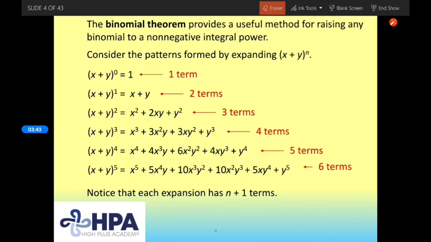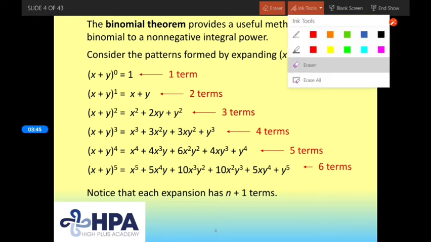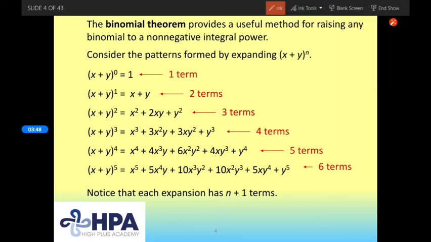You notice that x plus y raised to 0 equals 1 has just one term because it is raised to 0. The one raised to 1 has 2 terms, that means n plus 1. The one raised to 2 has 3 terms. The one raised to 3 has 4 terms. The one raised to 4 has 5 terms. And the one raised to 5 has 6 terms. And the pattern continues that way.